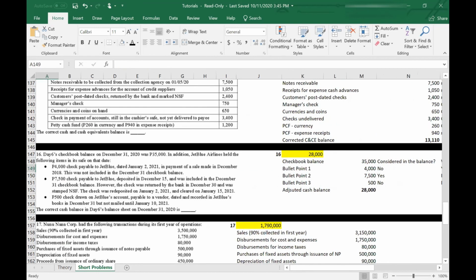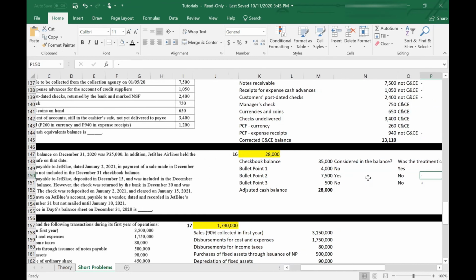For bullet point 2, the 7,500 check payable to JetBlue was deposited on December 15 and was included in the December 31 check balance. So this 7,500 is included in the 35,000. However, the check was returned by the bank on December 30 and was stamped NSF. The check was redeposited on January 2, 2021 and cleared on January 15, 2021.